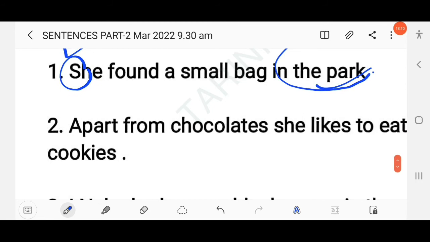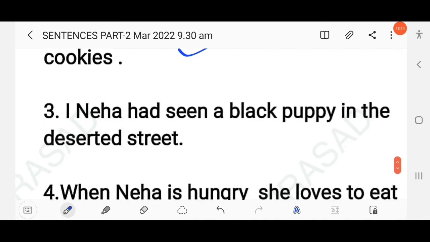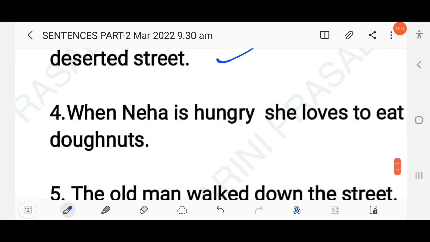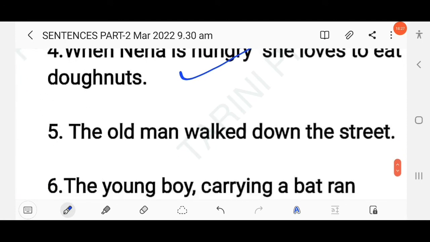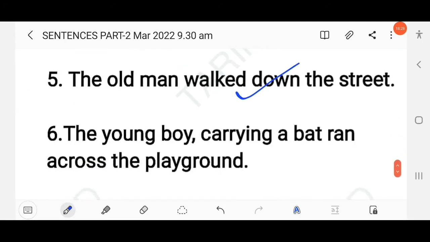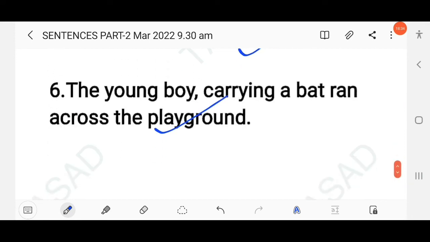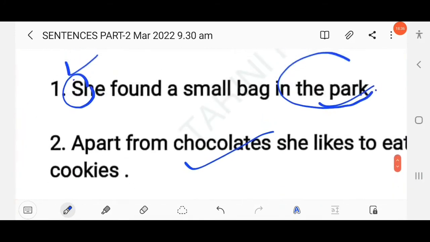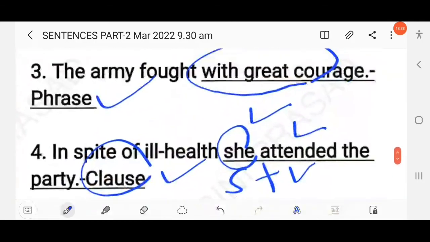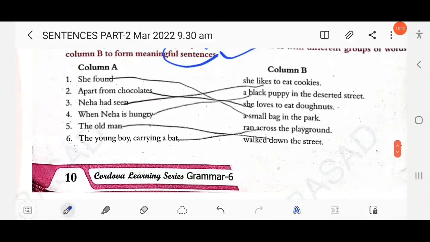The next: apart from chocolates, she likes to eat cookies. Neha had seen a black puppy in the deserted street. When Neha is hungry, she loves to eat dog nuts. The old man walked down the street. The young boy carrying a bat ran across the playground. Clear? So you have to form meaningful sentences using column A and column B.